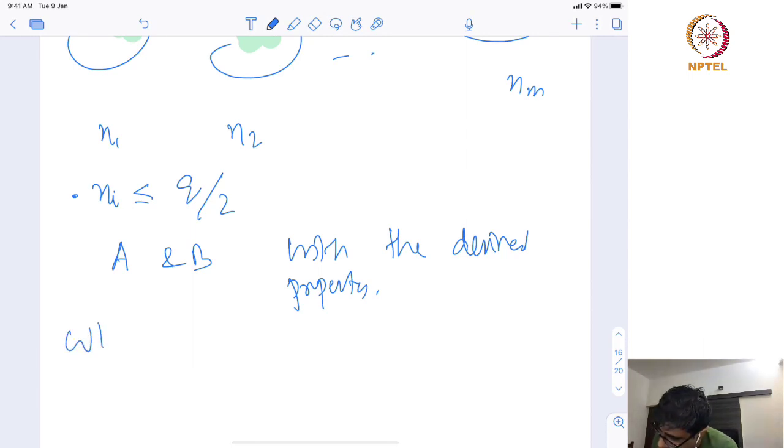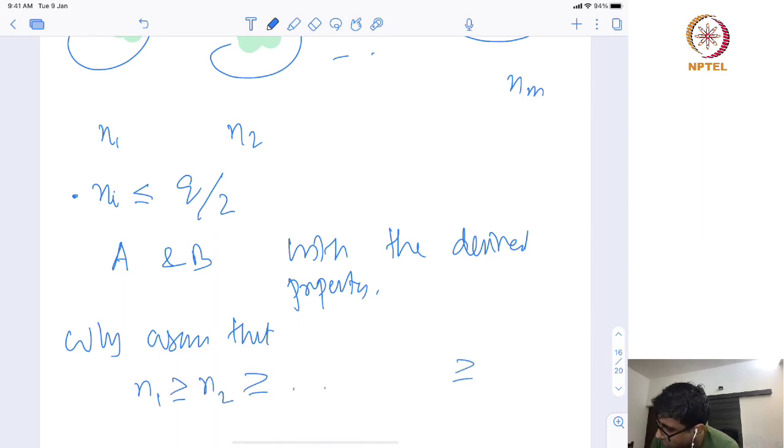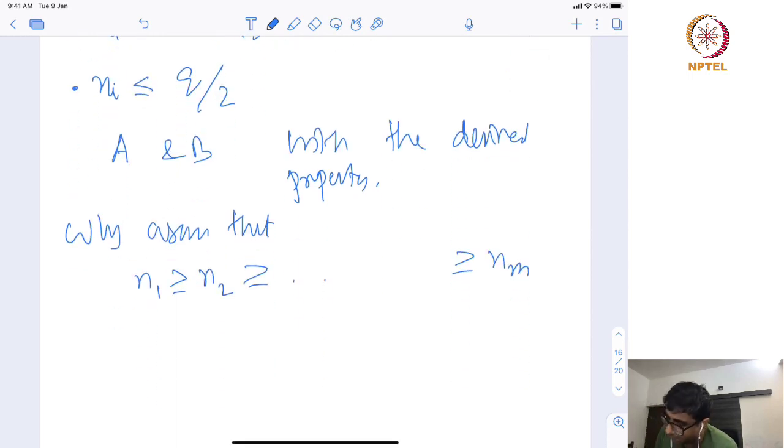Without loss of generality, assume that N1 is larger than N2 is larger than dot dot dot Nm. I first check: is N1 greater than or equal to Q over 3?